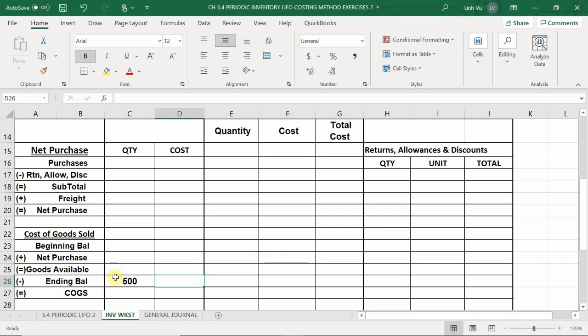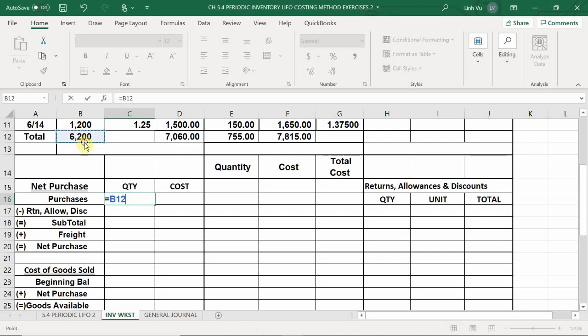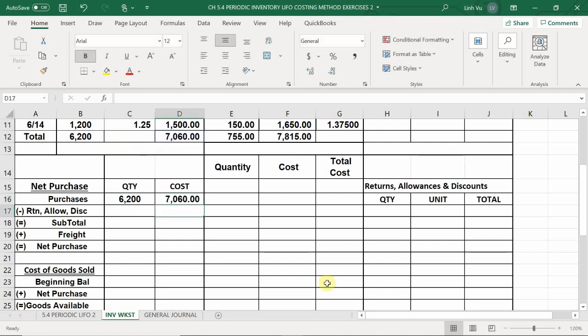All right. So let's go ahead and start filling in our table down below since we have the essentials to fill out our net purchases. So here we purchased a total of 6,200 units at a total purchase price of 7,060. Okay. We have no returns and allowances, so therefore we should have the same amount here.